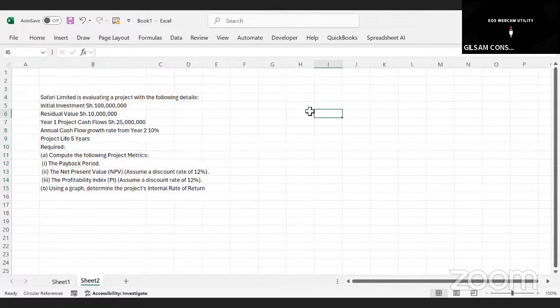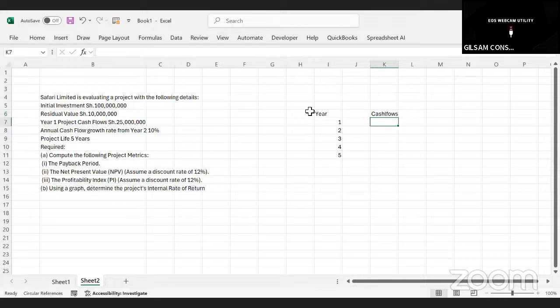For the payback period, the long way is this one: years, year 0, 1, 2, 3, 4, 5. And then here you will have the cash flows.